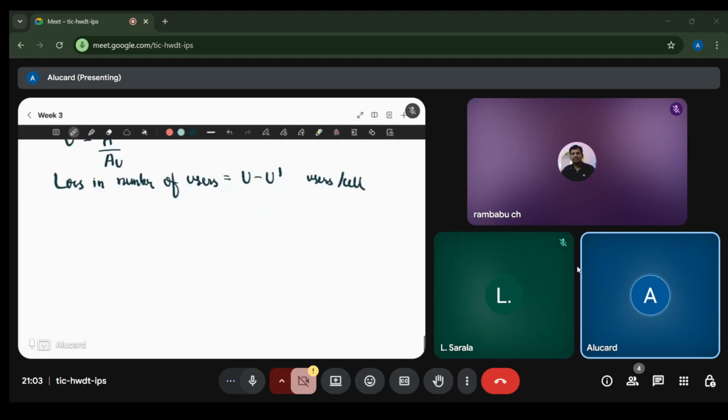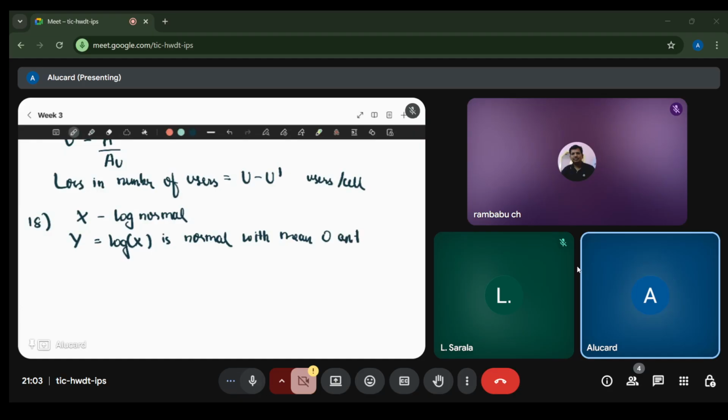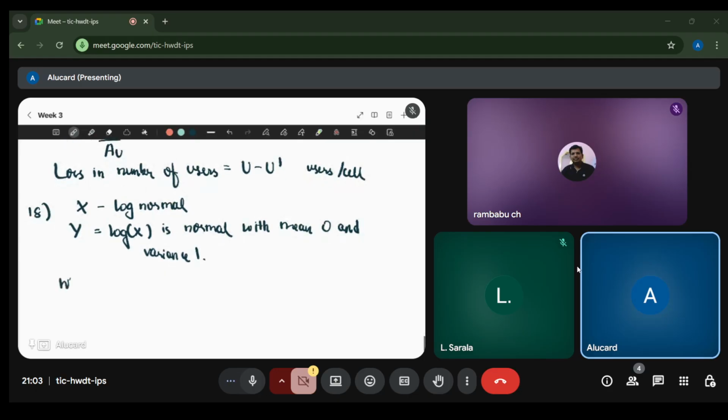Question 18: if a random variable x follows a log normal distribution such that the random variable y equals log x, x is log normal, y is log x is normal, mean 0 and variance 1. What is E of x? The mean of x.